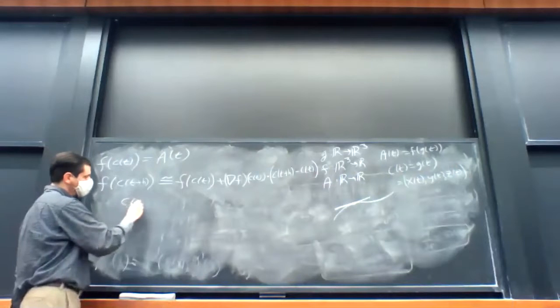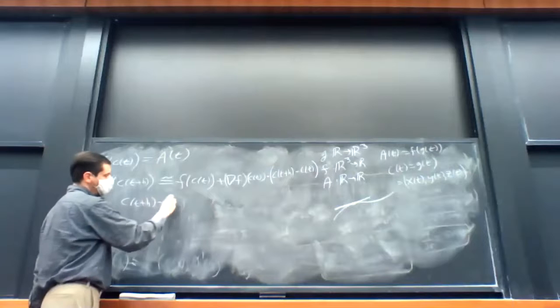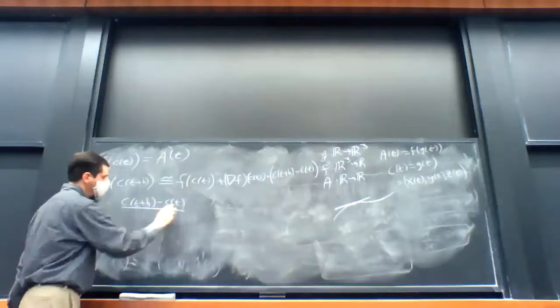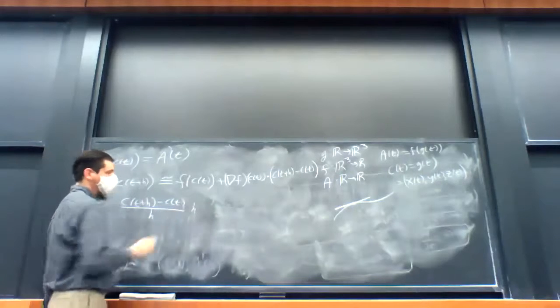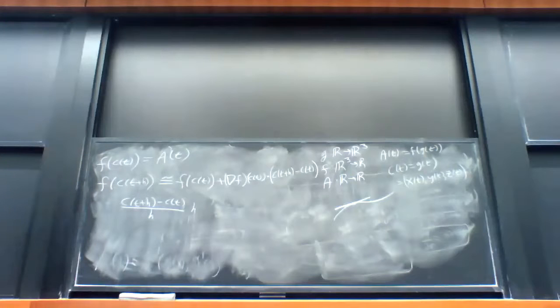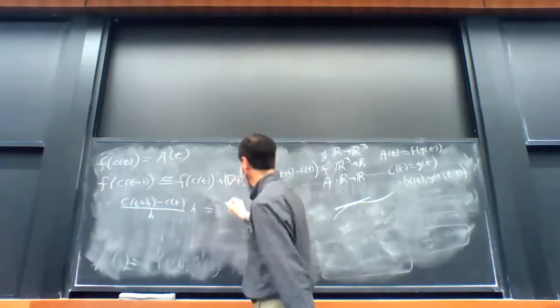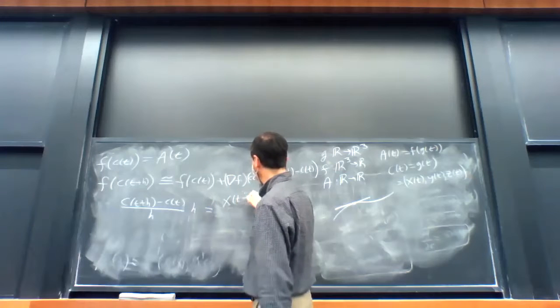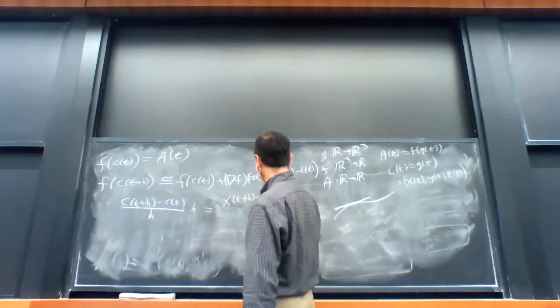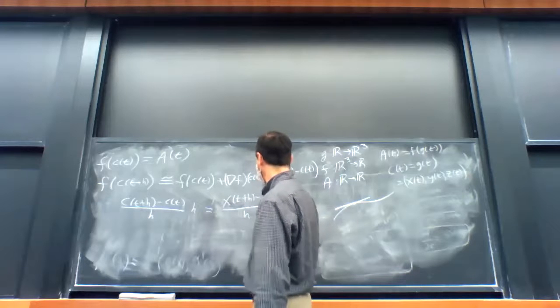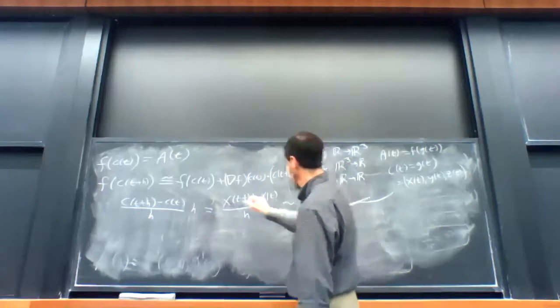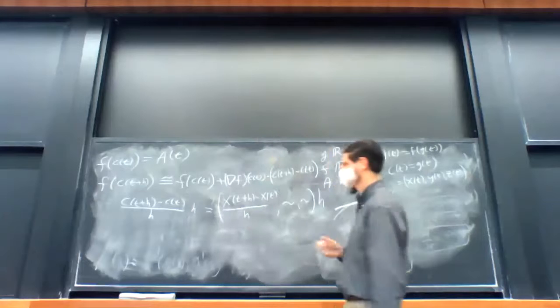If I look at c of t plus h minus c of t, and I divide by h and multiply by h, it looks a lot like a derivative. And if I look at this component by component, it's x of t plus h minus x of t over h, something for y, something for z, times h.